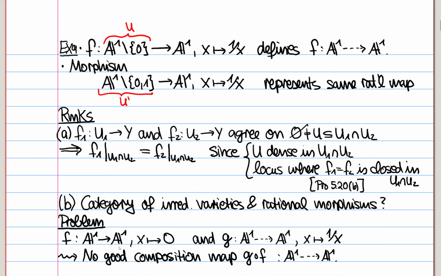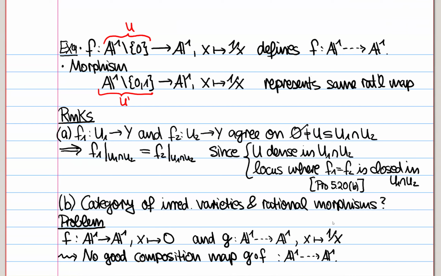The first one, F, is actually a morphism defined everywhere. It just sends all X to 0. It's the constant morphism. And G is the rational map that we have seen before, which sends X to 1 over X. And the problem is, how would you define the composition here? Because F sends everything to 0, but 0 is the one place where G is not defined. So somehow there's no good way to make sense of this composition here. And so this category, exactly as it's formulated here, doesn't make sense.